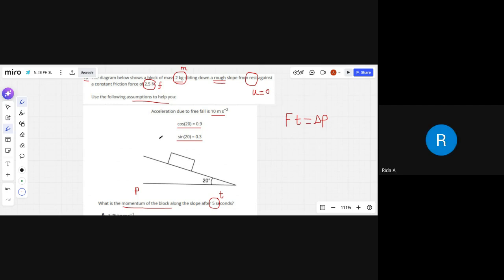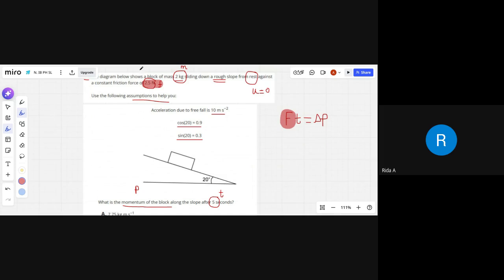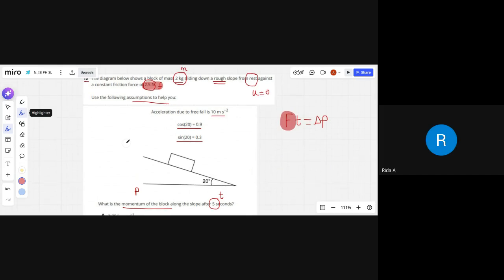You are on the right track, but note that this force is your net force. Friction is one of the forces. You'll need to draw a free body diagram here. Let me read it one more time because I think I kind of rushed that. Yes, sure.